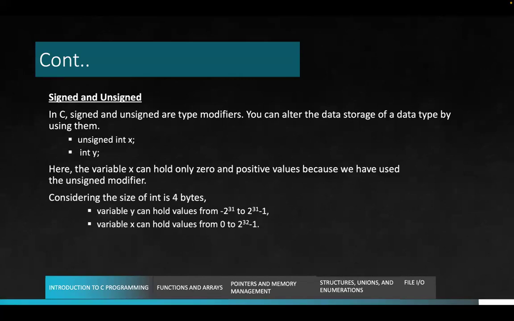Integer is a combination of signed and unsigned. If you specifically don't want negative numbers and want specifically a positive number, then you have to use these types of data types and keywords.